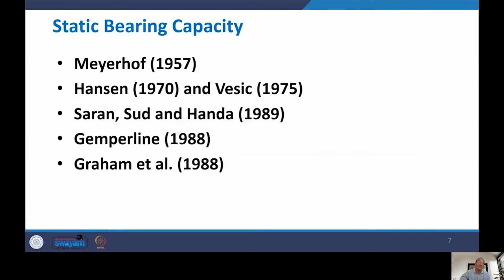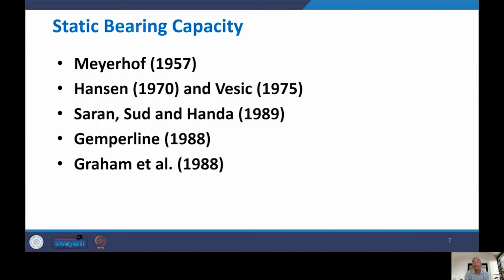First, when we talk about static bearing capacity, much work has been done earlier, which is a kind of fundamental work that could be covered in this lecture, rather than going deep into the research work. For example, the first work on the bearing capacity on slopes was done by Meyerhof in 1957.